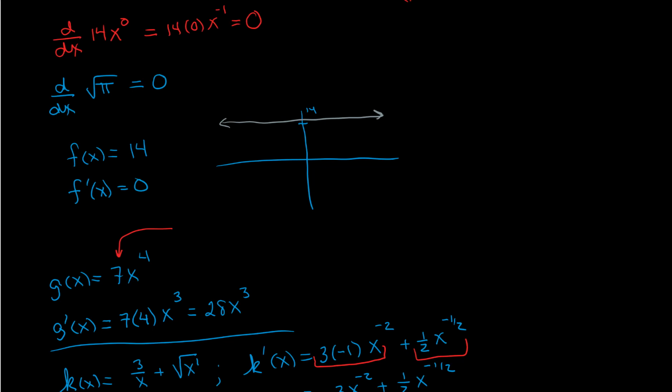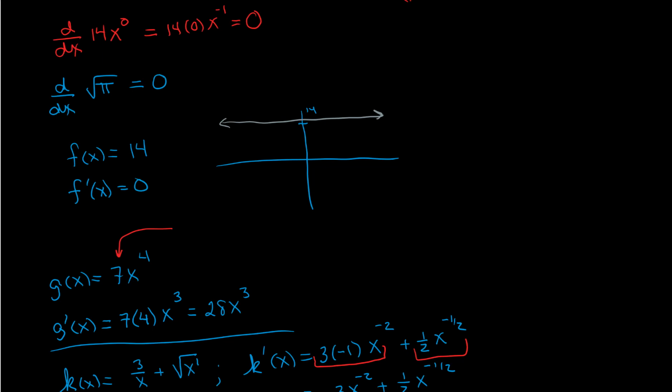I'm going to bring the exponent times the coefficient. So I have the 14 times the 0. Then I'm going to have my variable x, and then I'm going to subtract 1 from the exponent. So that's going to give me a negative 1. It really doesn't matter what this exponent is because I got 14 times 0, which is 0. And 0 times anything, ta-da, there you go. There's your slope of 0.